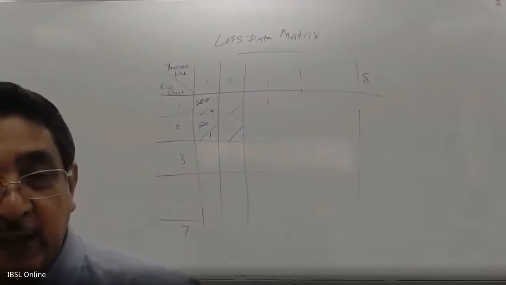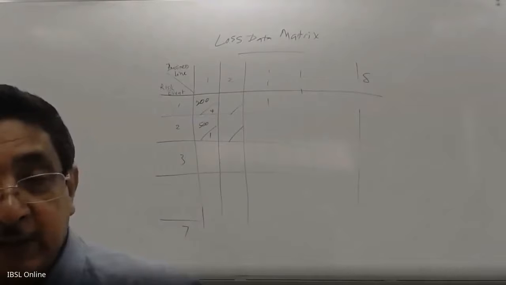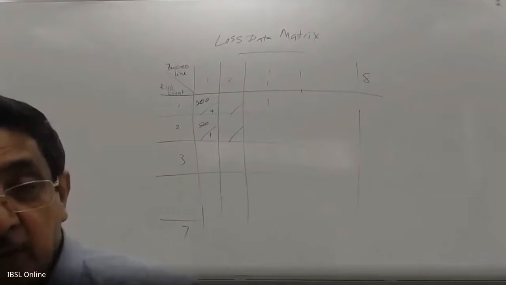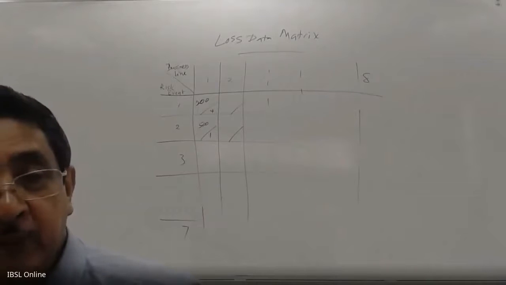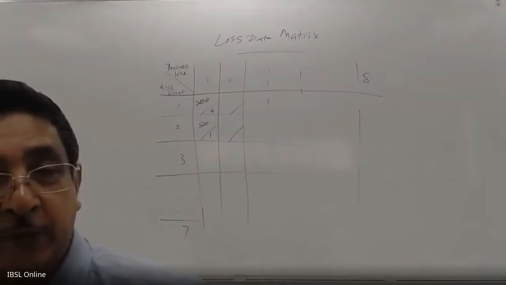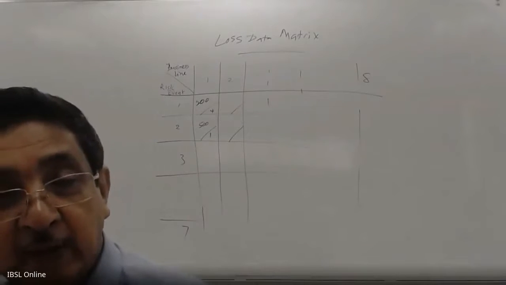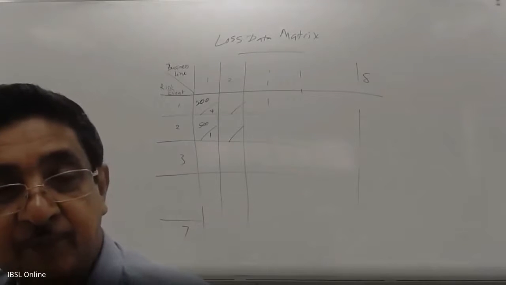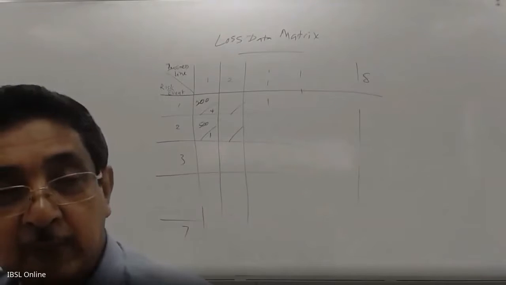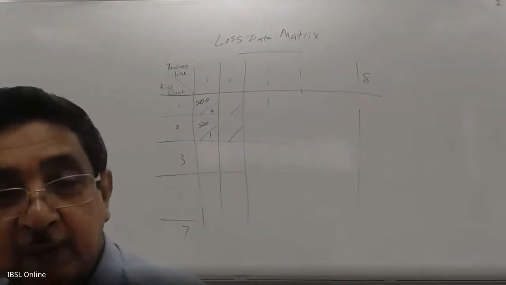Now it is only a sketch. What I want to tell you is, this side represents the risk events, 1, 2, 3, 4, and this side represents the business lines, 1, 2, 3, 4 up to 8. So there are 8 business lines given, and there are 7 risk event types. I put this example for a particular year end.